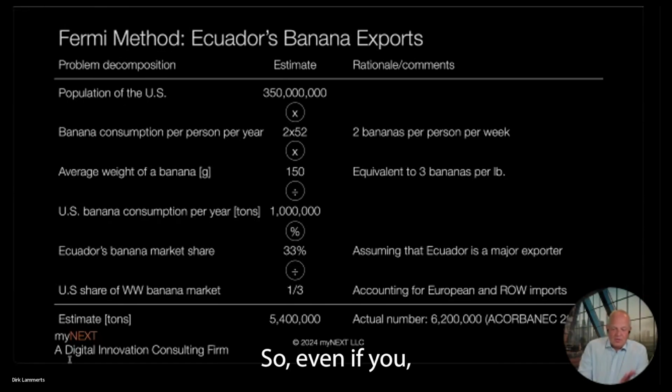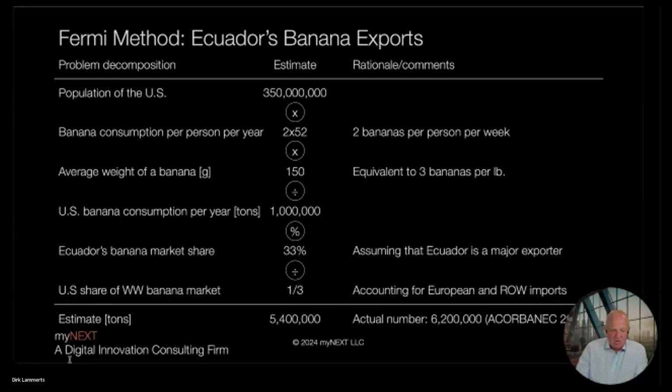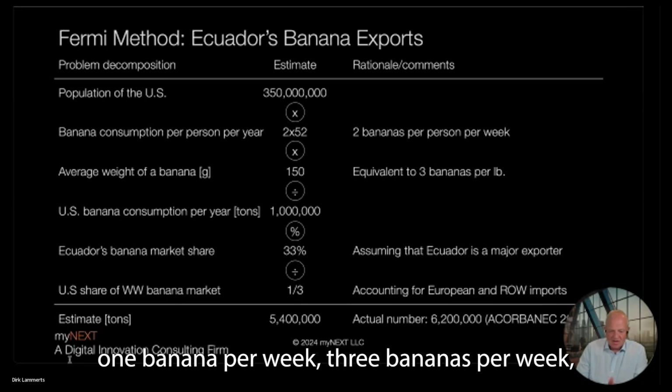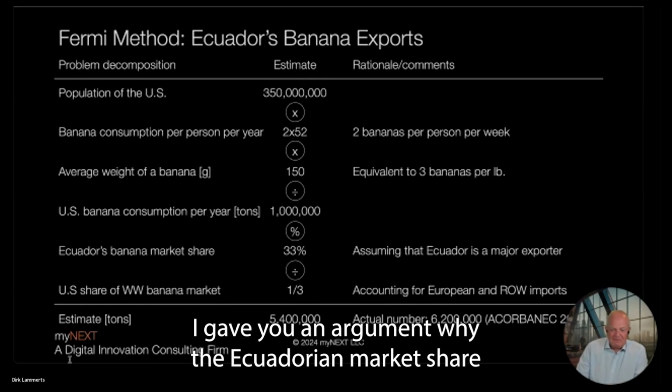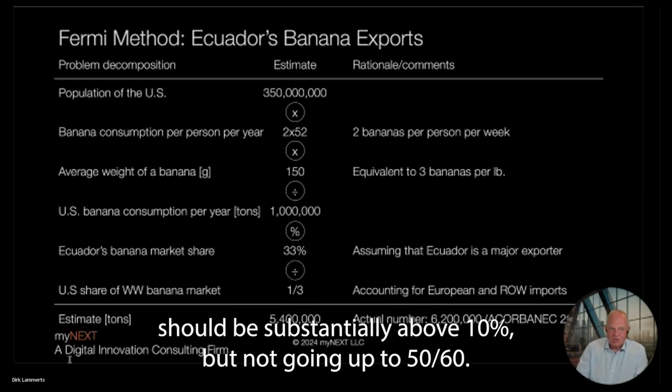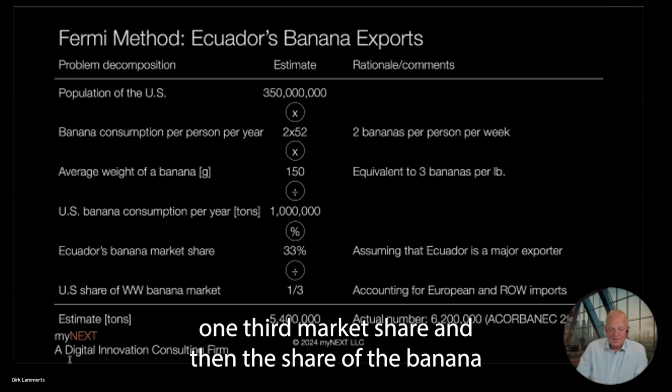So even if you picked slightly different component estimates, 1 banana per week, 3 bananas per week, you probably will get the weight of a banana right. I gave you an argument why the Ecuadorian market share should be substantially above 10%, but not going up to 50, 60. So you will be roughly in the right range if you use this logic of 1/3 market share.